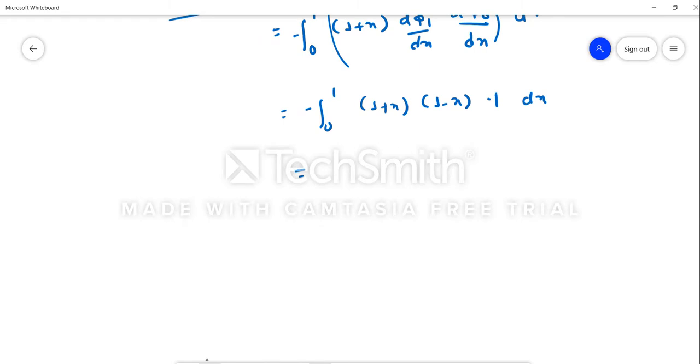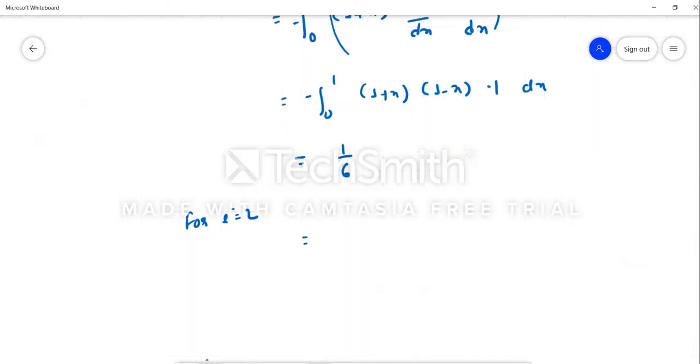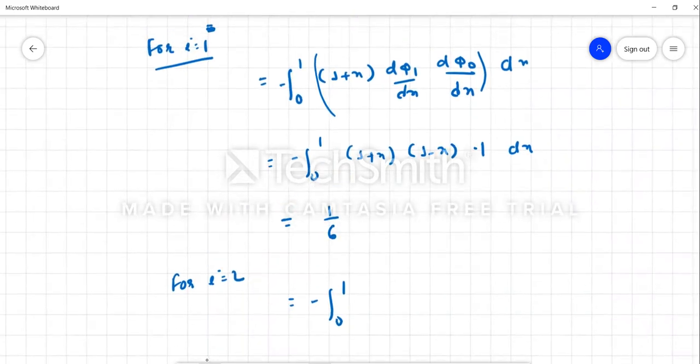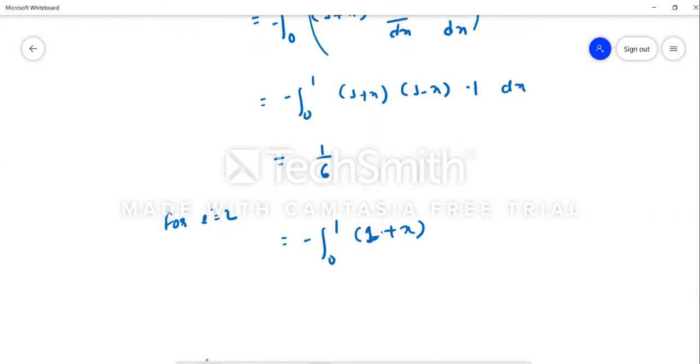Finally, we will solve for i equals 2 in a similar way. This will equal minus integral 0 to 1 of 1 plus x, d phi 2 over dx, and d phi naught over dx.